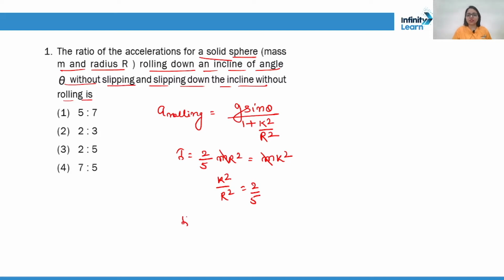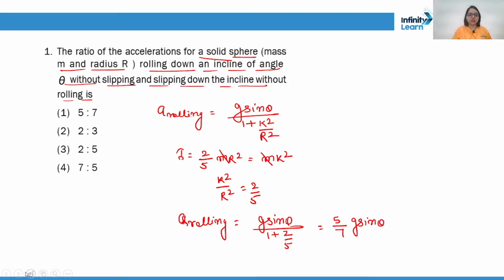So moment of inertia is 2 by 5 mr square, which is mk square, and because of that k square upon r square is 2 by 5. So acceleration of the rolling body in this case will be g sine theta upon 1 plus 2 by 5, which is 5 upon 7 g sine theta.